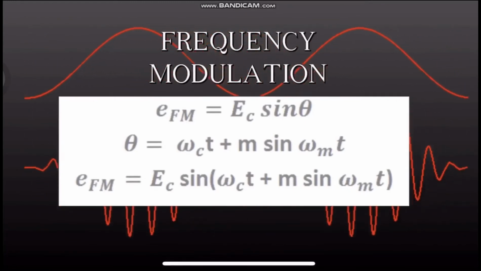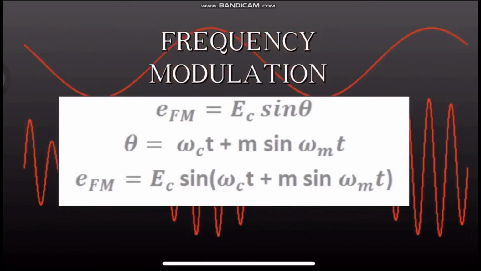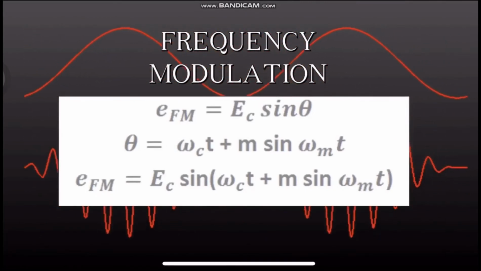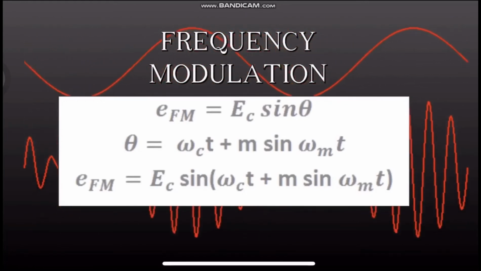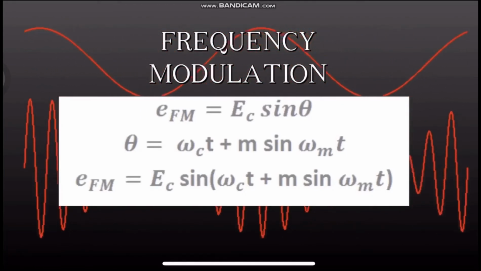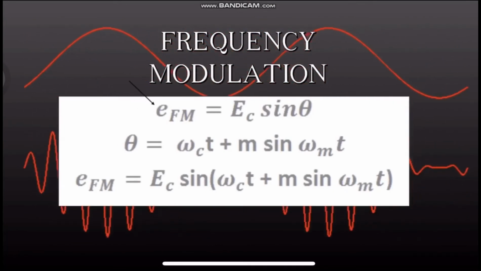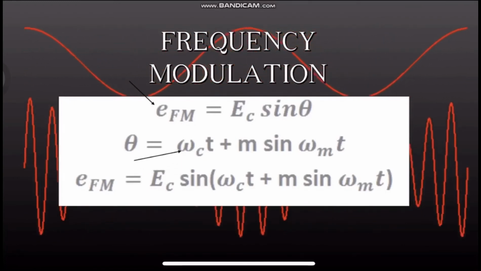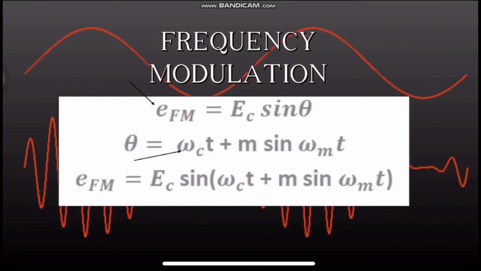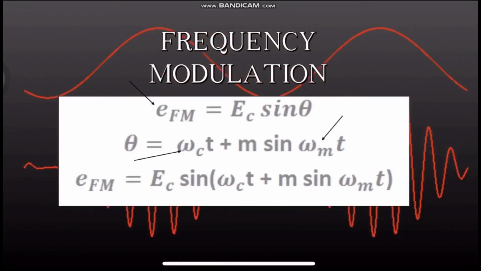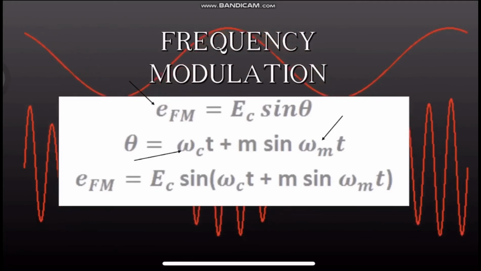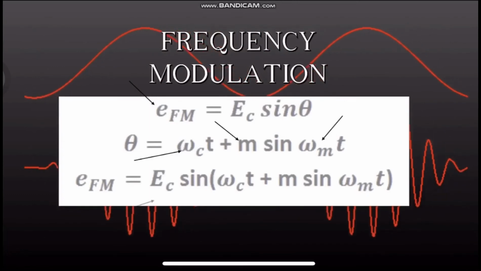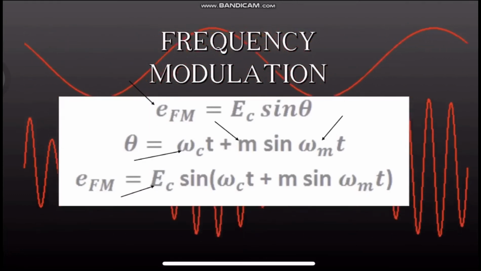Frequency modulation is a form of angle modulation where the frequency of the carrier is varied in accordance with the instantaneous value of the intelligence signal, where it is the instantaneous value of the FM signal, the angular frequency of the carrier, the angular frequency of the intelligence, the modulation index, and the peak amplitude of the carrier.